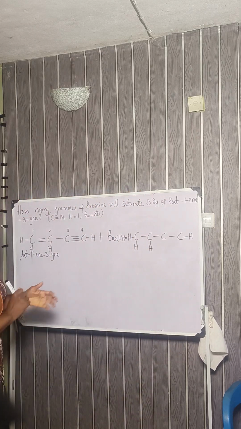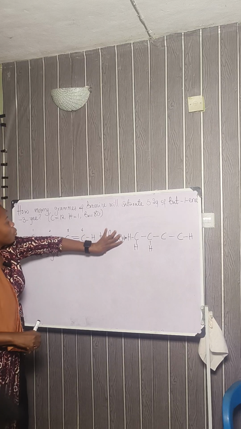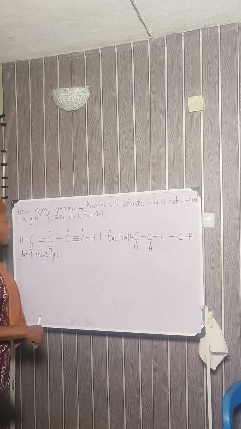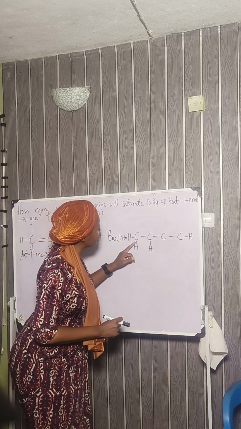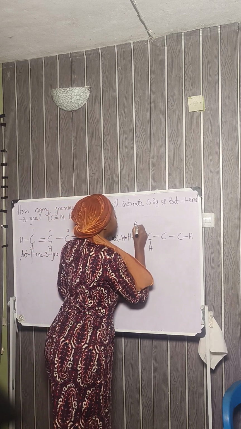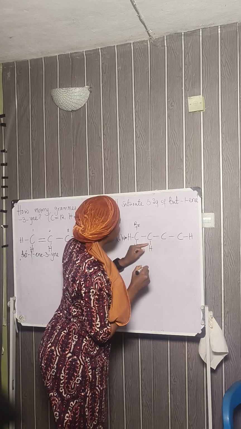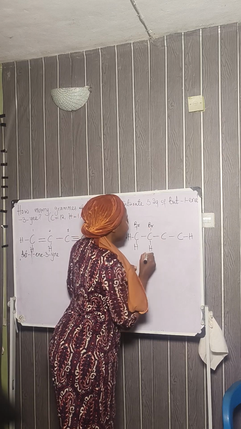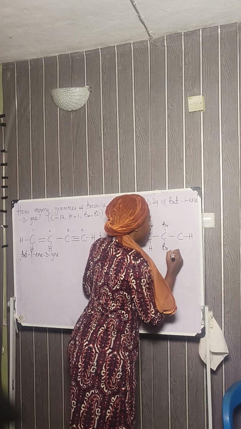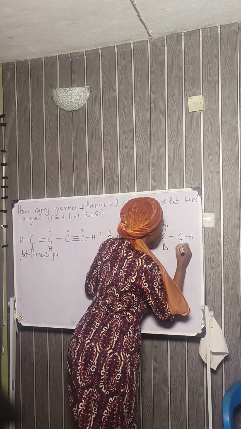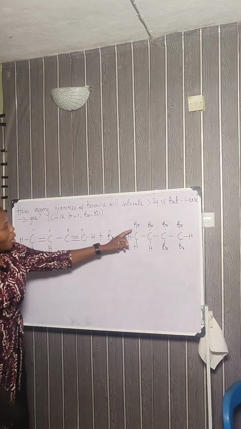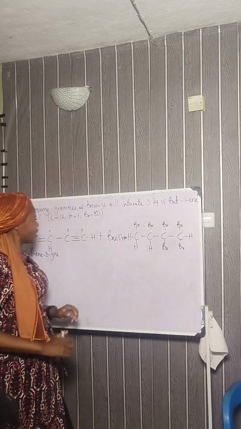Now, for there to be saturation, that means that this bromine will come and replace every bond that is leaving here. So if I have 1, 2, and this is 3, 4, in order for it to be 4, I need bromine here. In order for this to be 4, 1, 2, 3, I need bromine here. This is 1, 2, I need bromine, I need bromine. This is 1, 2, I need bromine, I need bromine. So with this now we can see 1, 2, 3, 4, 5, 6.